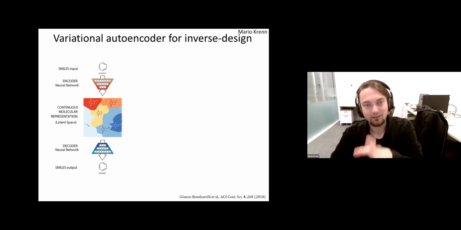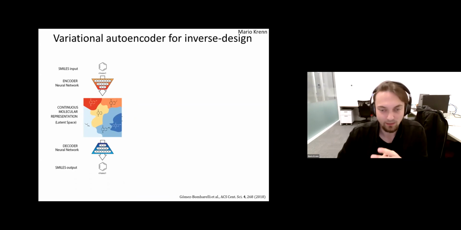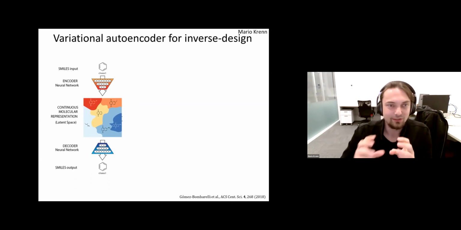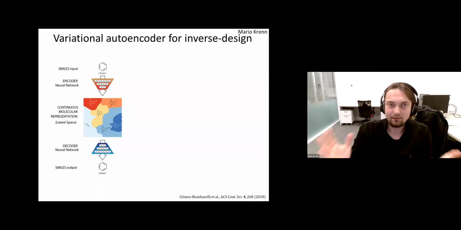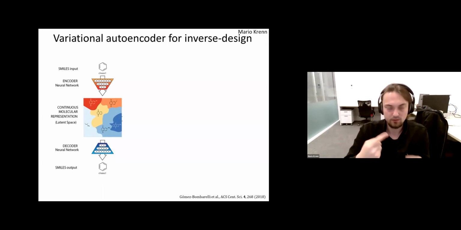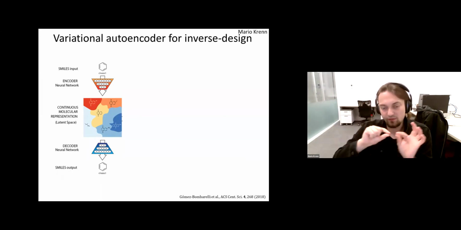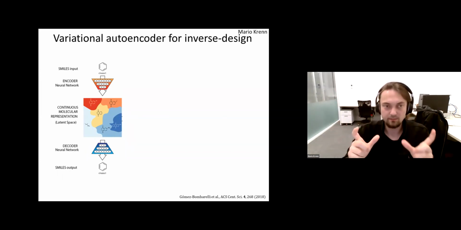So let's go back to this really cool invention by our session chair. They came up with a way to use variational autoencoders to design molecules. And that works in the following way. You take a molecular graph and you write it in a string-based way as SMILES.